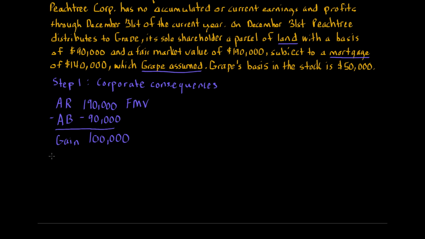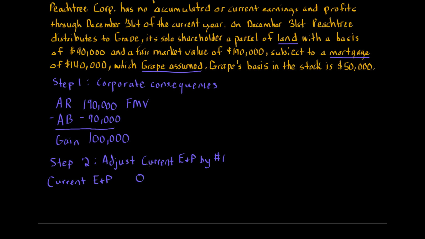Okay, so now we go to step two. Once we've determined step one, step two is to adjust the current E&P for the year by step one. The current E&P given to us in the problem is actually zero. We're told in the first line that Peachtree Corporation has no accumulated or current earnings and profits through December 31st of the current year, so current E&P will be zero.